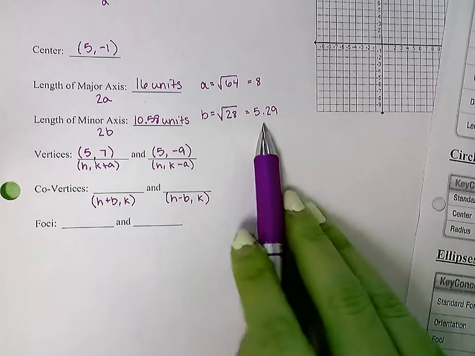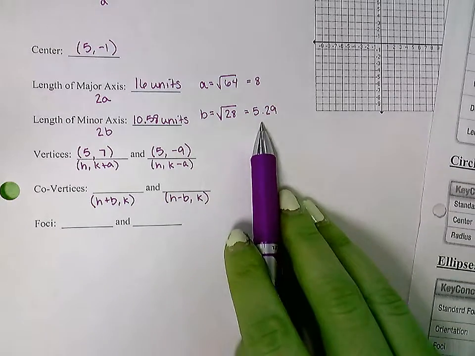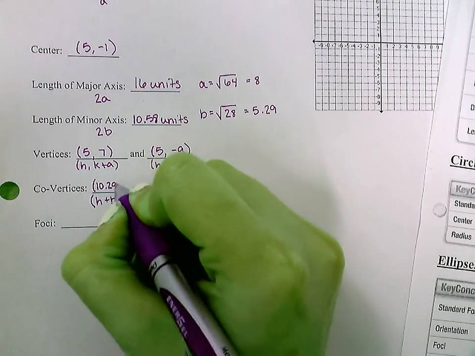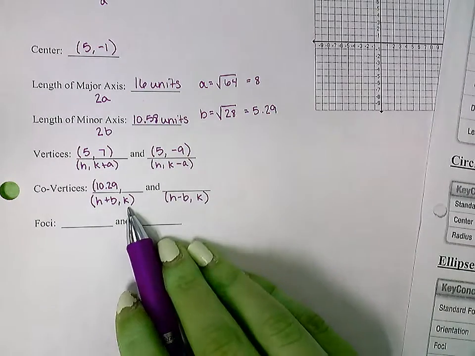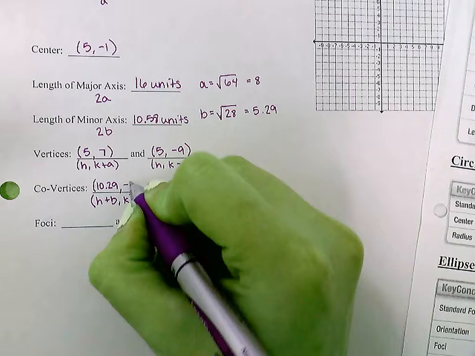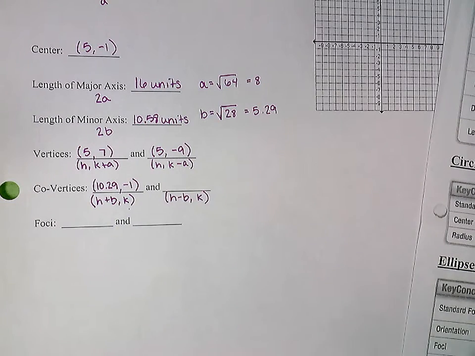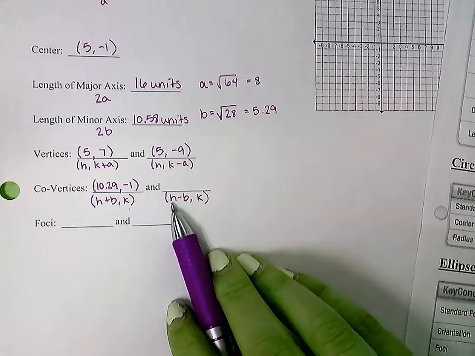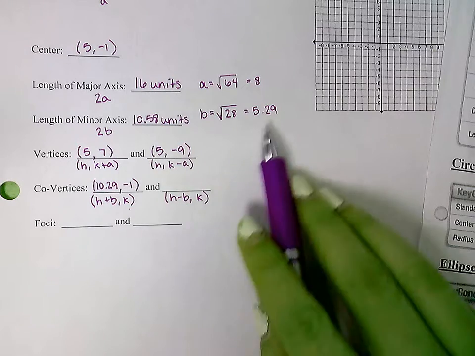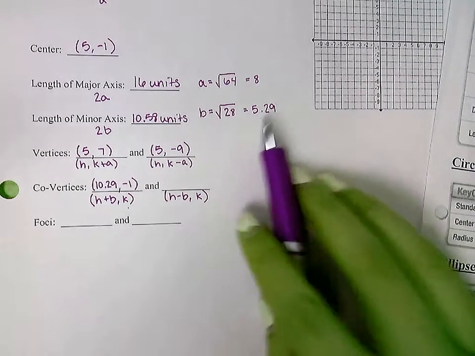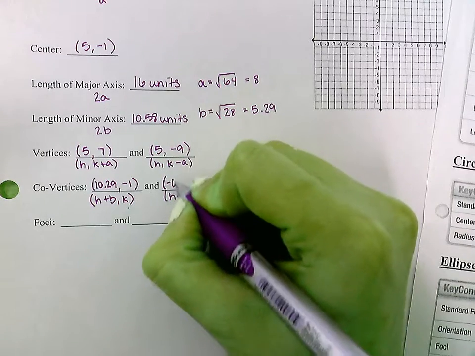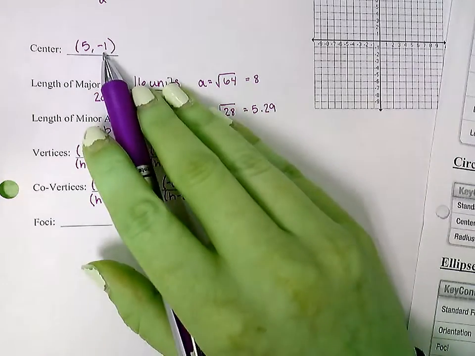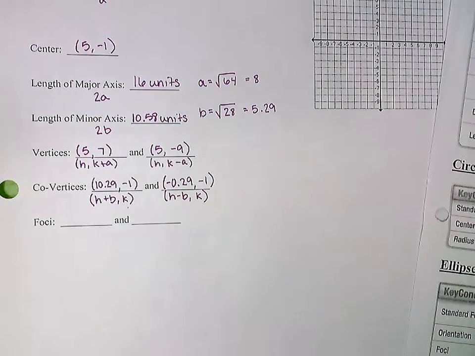We'll add on our b value, which was 5.29. So 5 plus 5.29 is 10.29. And then k stays the same at -1. Same thing for our second co-vertex. We'll take our h value of 5, and we're going to subtract 5.29. That will end up being -0.29. And then again, k doesn't change, it'll stay -1.